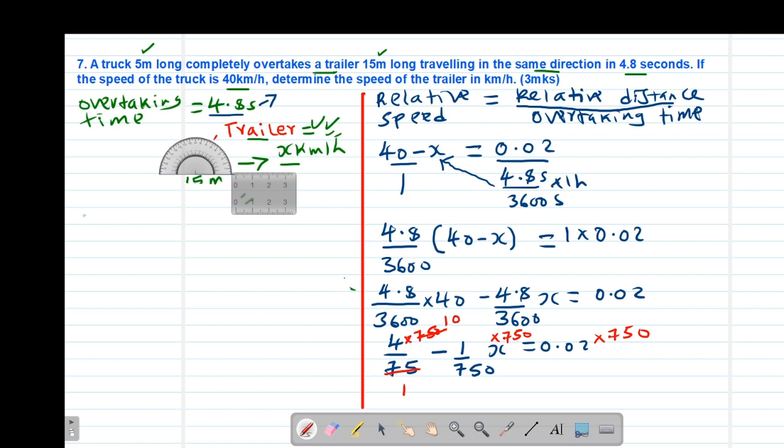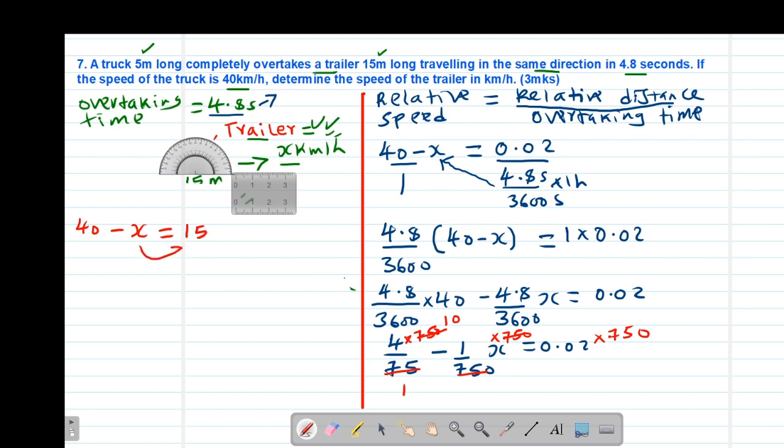So I'm going to remain with 40 minus, of course 750 and 750 will cancel out, I remain with minus x, which should be equal to 0.02 multiplied by 750. I'm going to get 15.